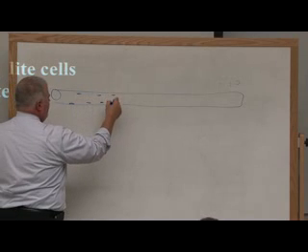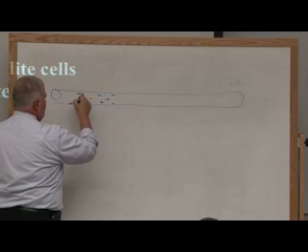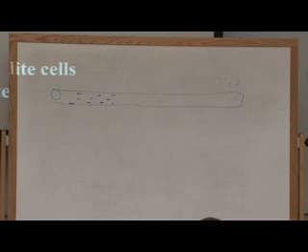So the next thing we have to throw out the window is what you learned in general biology, that there was only a single nucleus per cell. Skeletal muscle cells are multinucleated. They can have thousands of nuclei.